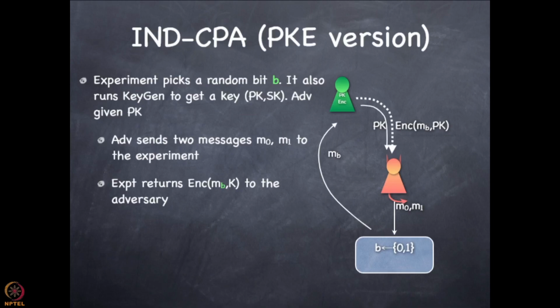Now, in symmetric key encryption, the version I showed you, there was a loop here. You could do it as many times as the adversary wanted. That's not important here because the adversary has a public key.